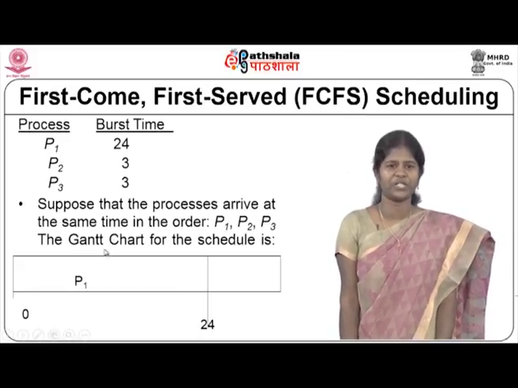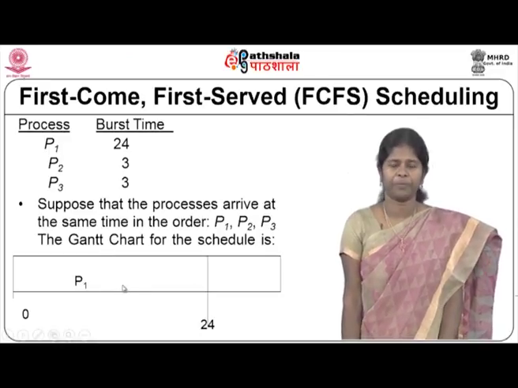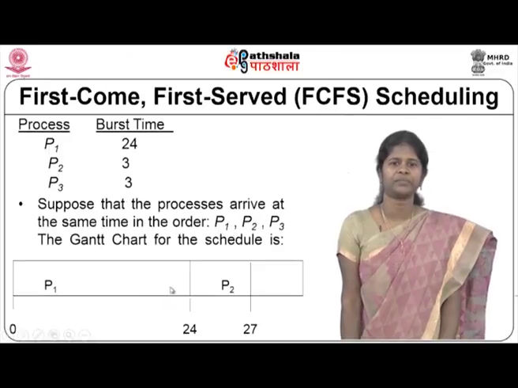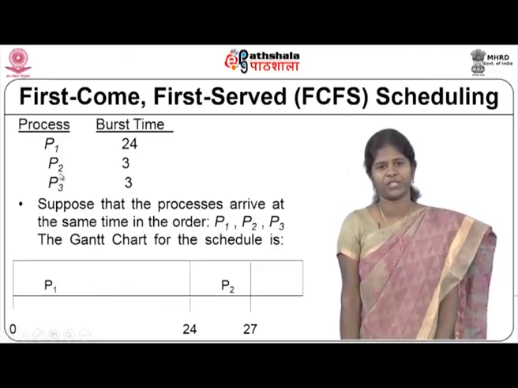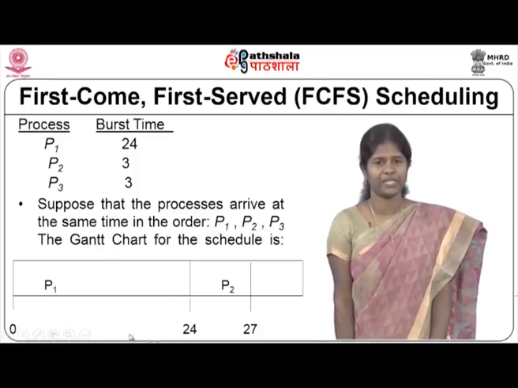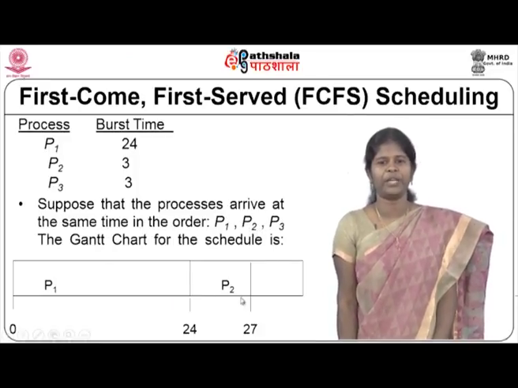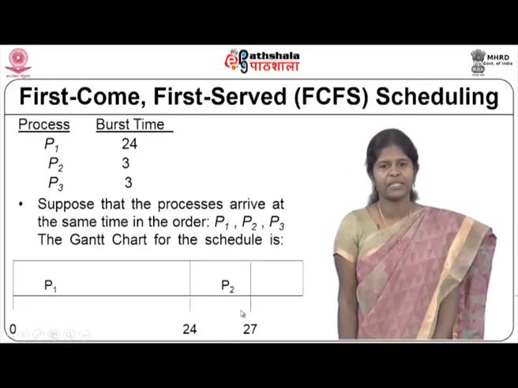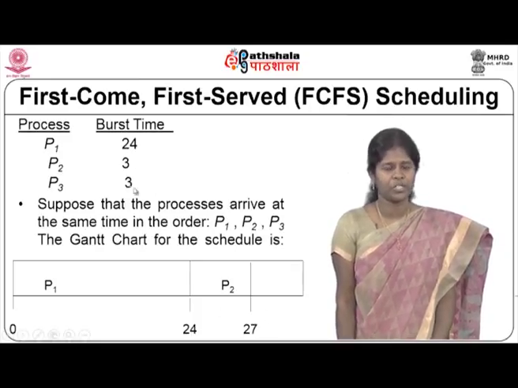The first process is assigned the CPU and it makes use of it for 24 milliseconds. Then you have the next process. Which one arrives next? It is process P2. So, P2 is given the CPU next, and P2 will be using the CPU for the next 3 milliseconds, and hence the time now is 27 milliseconds. The next one to be scheduled is process P3.